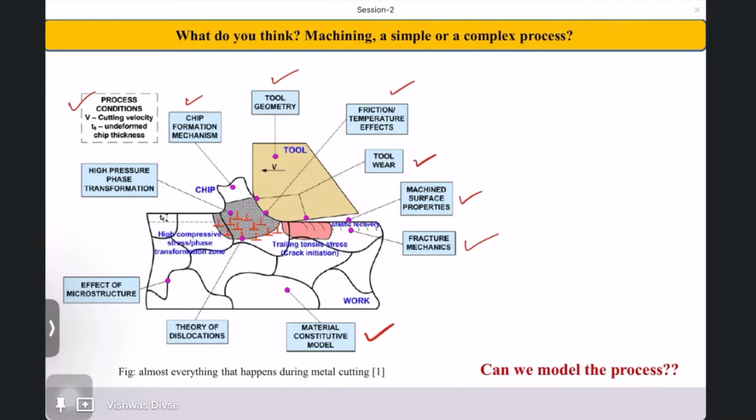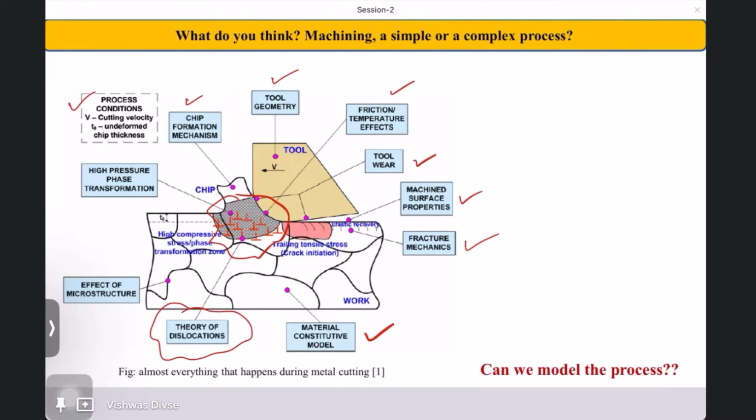What level of material constitutive model am I going to use, whether it is okay if I go with continuum mechanics, or do I need to consider the grain structure, dislocations, or even further downscale the atomic structure or crystal structure? Is it really needed for all the length scales? See, theory of dislocations.